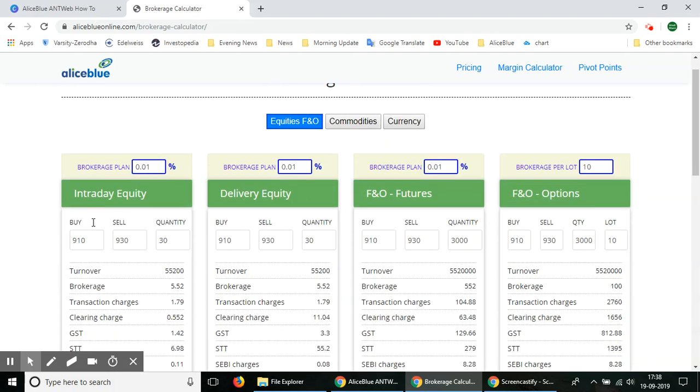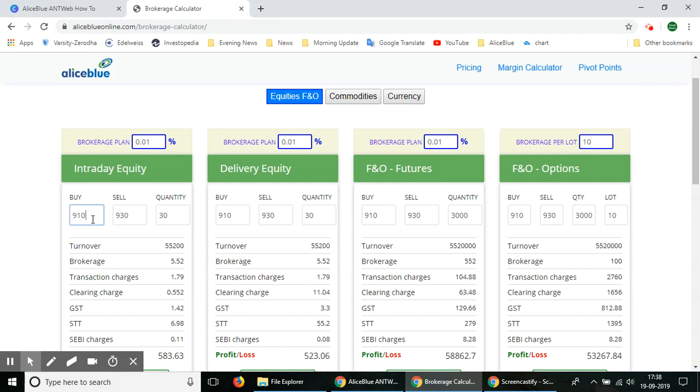So first let's look at the intraday equity. So let's say you buy a stock, there's already one example given here with the buy price at 910, the sell price at 930, and the quantity being 30 stocks.